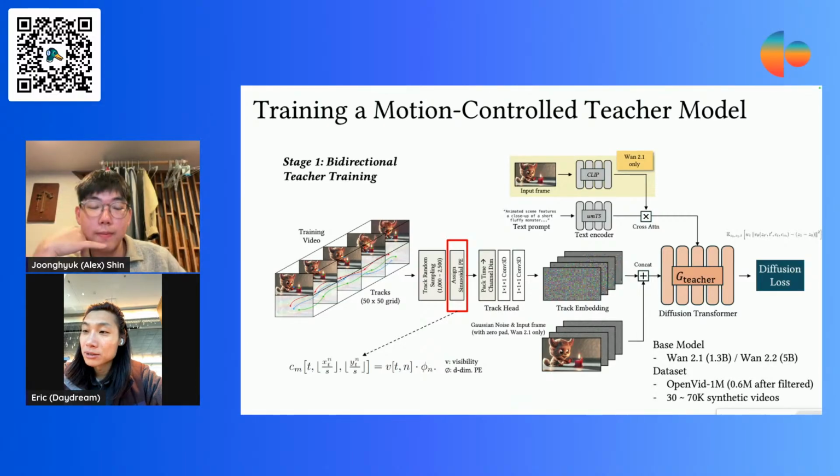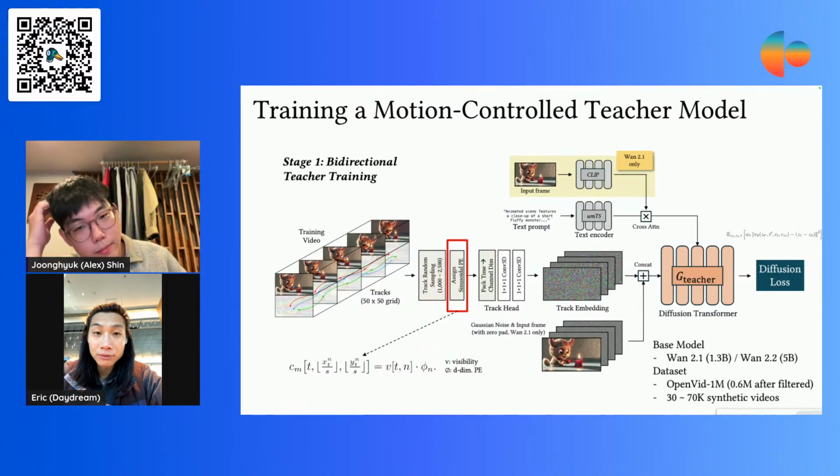Another question from the audience. The paper mentions that the model is trained based on the Wan 2.1 1.3B I2V model, but there's no official release for the 1.3B I2V model. Did you train a custom version yourself, or did you take a community version? There's a version called One Fun from Alibaba.